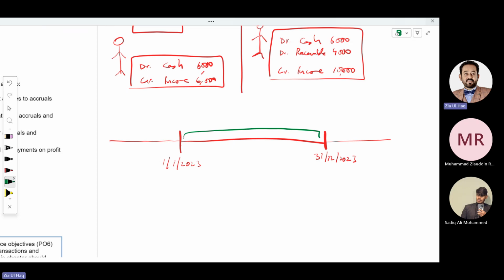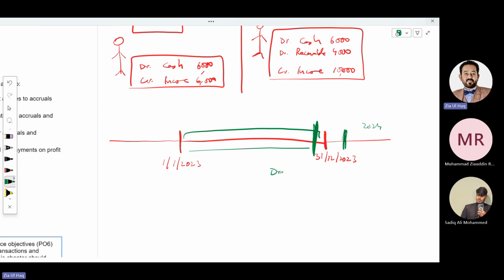Suppose there was an electricity bill relating to this year and we're going to pay in the next year, like in January. So the electricity bill was relating to year 23, but we're going to pay in year 24. So this expense is relating to 23. So where should we record it? In 23. But we haven't paid cash. So how will we record it?